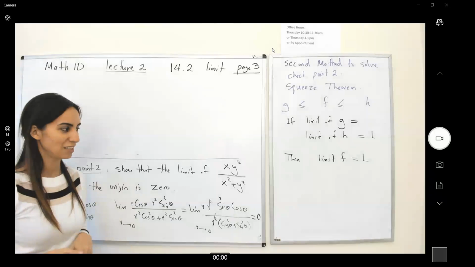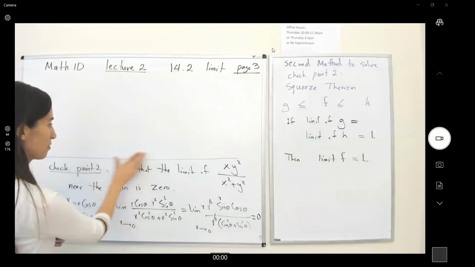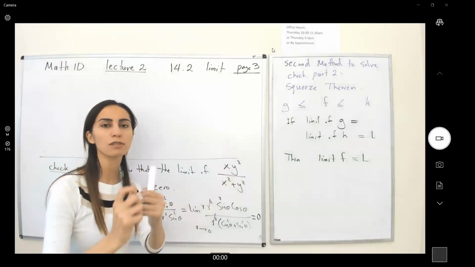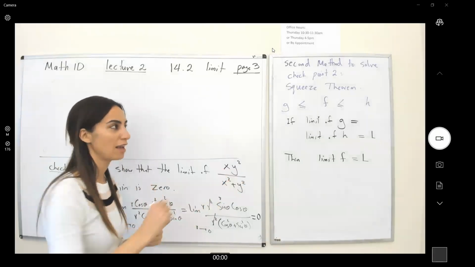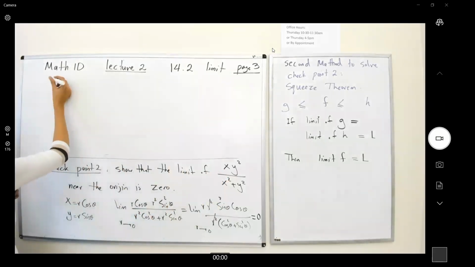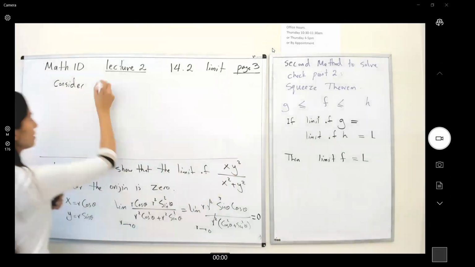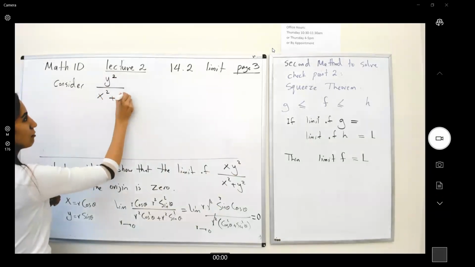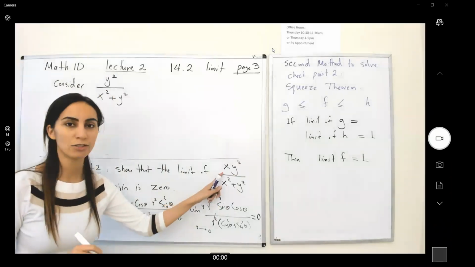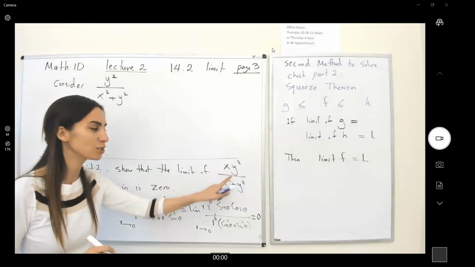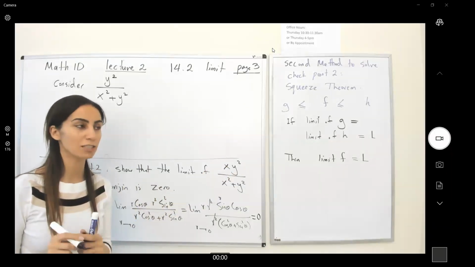Okay, let us start. This is the function that you have. I'm going to use some part of it and apply the squeeze theorem. So consider y squared divided by x squared plus y squared. I'm just forgetting about x and using y squared divided by x squared plus y squared.